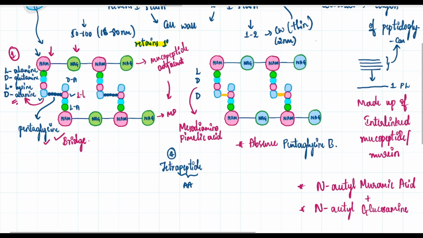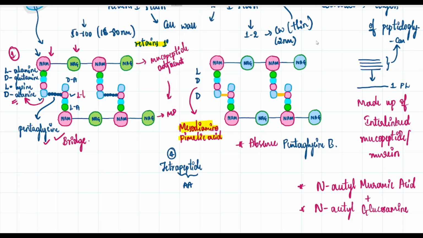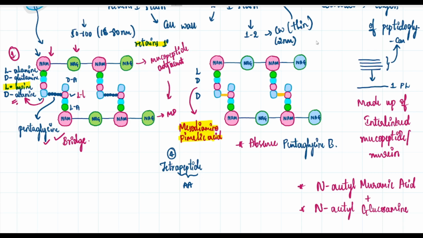So this is the first difference. Here it was L-lysine in gram-positive. In gram-negative bacteria, it is meso-diaminopimelic acid. Okay. The other 3 amino acids of the tetrapeptide side chain are the same: L-alanine, D-glutamine, meso-diaminopimelic acid, and D-alanine.